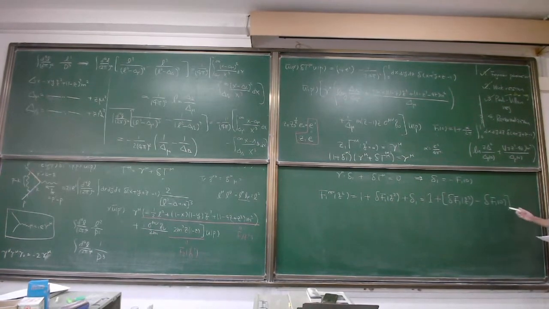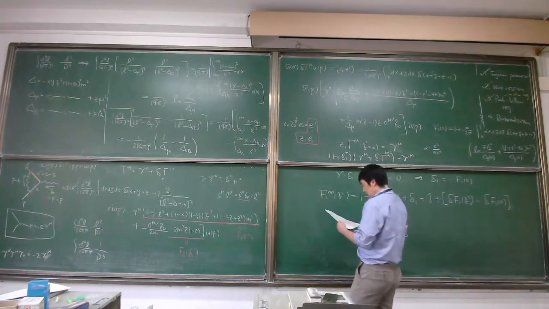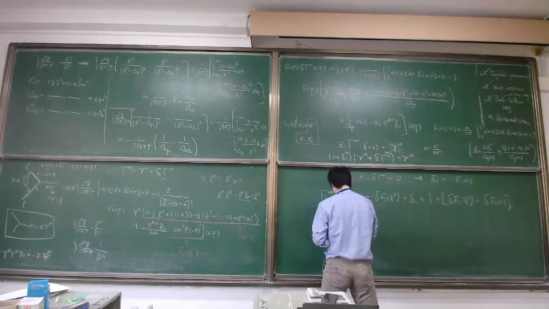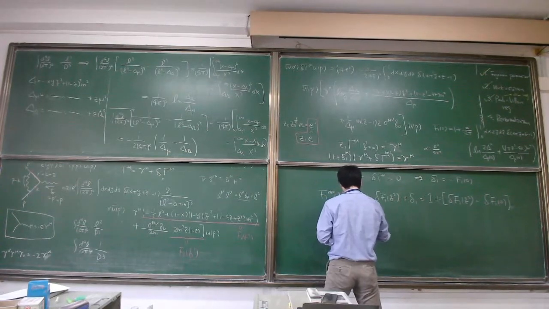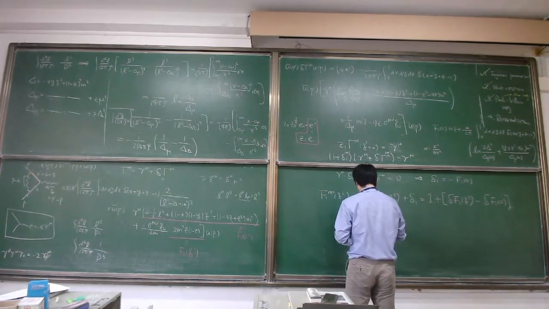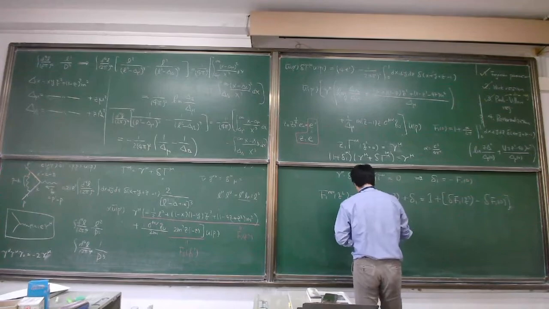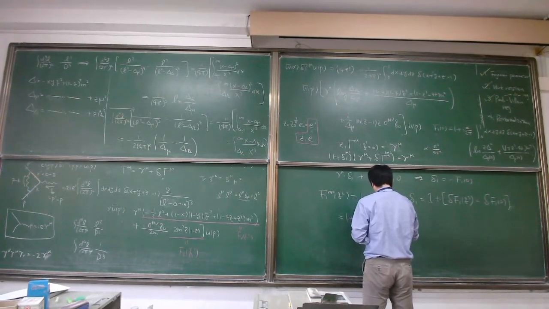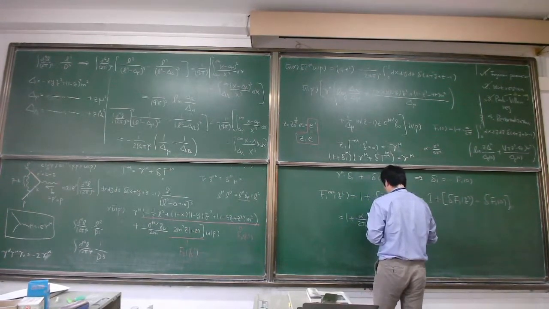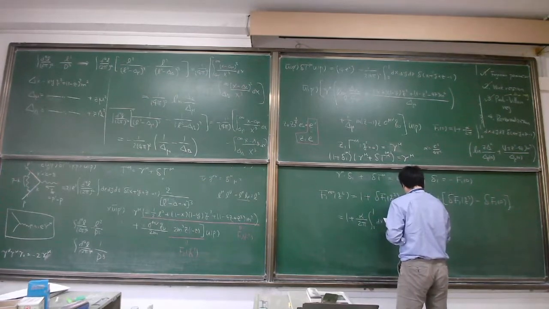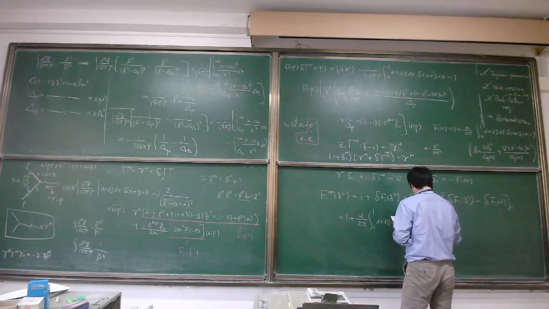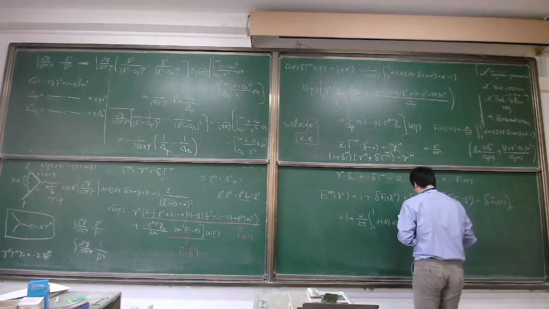And if you just plug this one into here, what you can see is that this one is equal to 1 plus alpha over 2 pi, the integral from 0 to 1 dx dy dz delta of x plus y plus z minus 1.